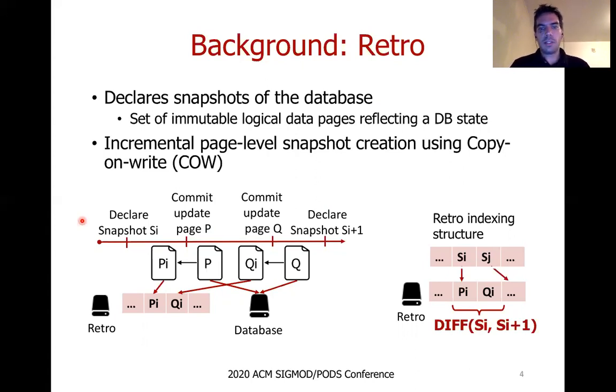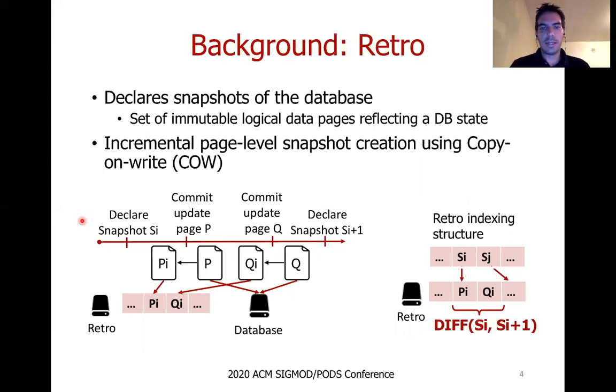The snapshot pages are stored in a separate disk, so the database is not affected by the snapshots. And to the programmer, the snapshot looks exactly like the database. So any query that can run in the database can also run on any declared snapshot.